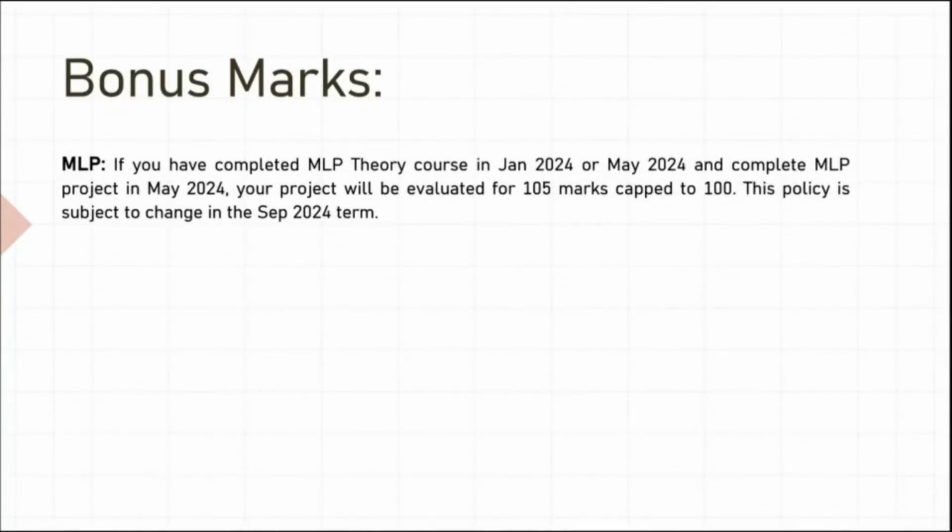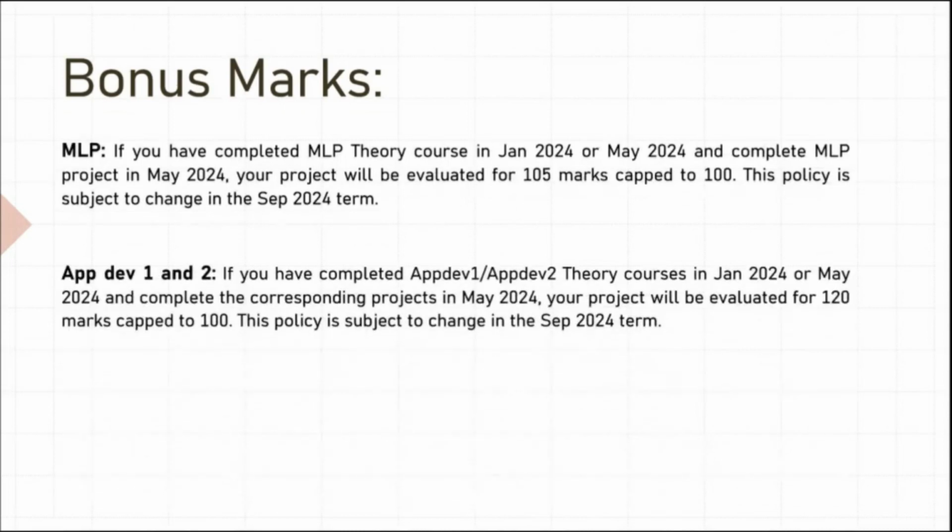Moving on. Talking about the bonus marks, if you have completed the MLP theory course, for example, in Jan 2024 or May 2024 term, and then complete MLP project in May 2024, then your project will be evaluated for 105 marks, capped to 100. This policy may change in the September 2024 term, as it was mentioned in the May 2024 term grading document.